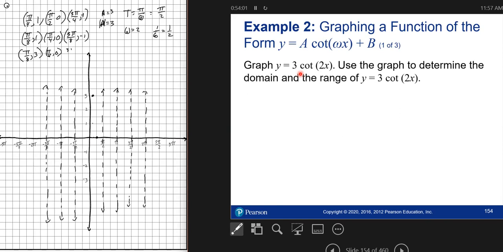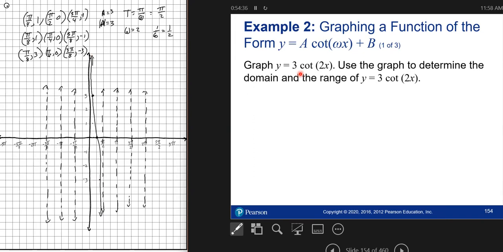And then at 3 pi over 8, I multiply -1 by 3, which gives me -3. So that's going to be down here. And so there I have the primary cycle.